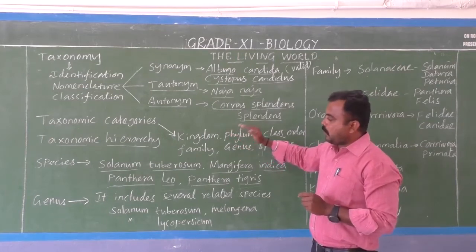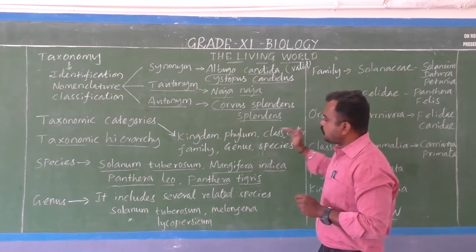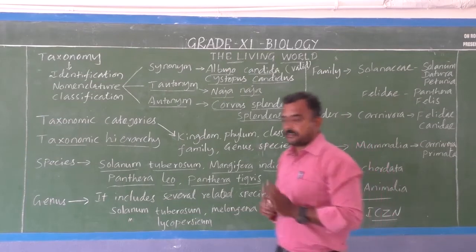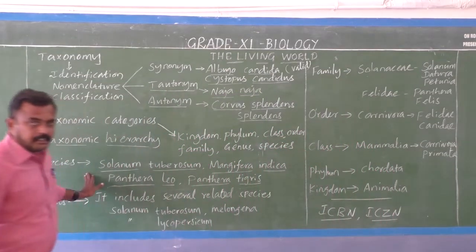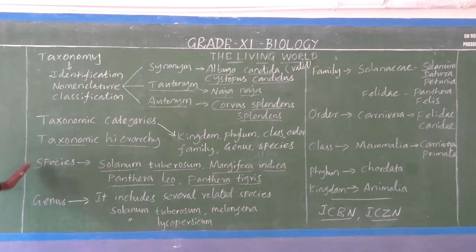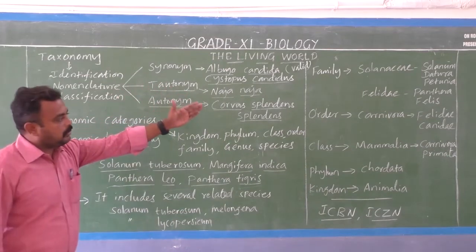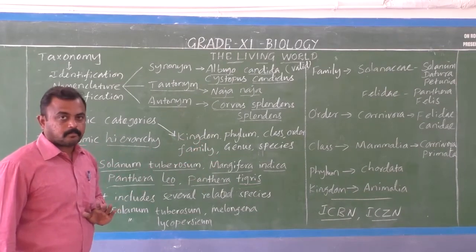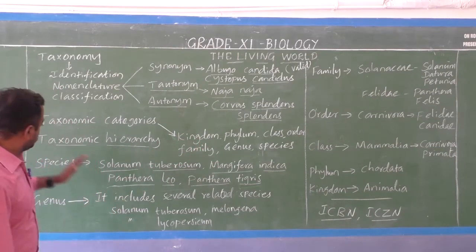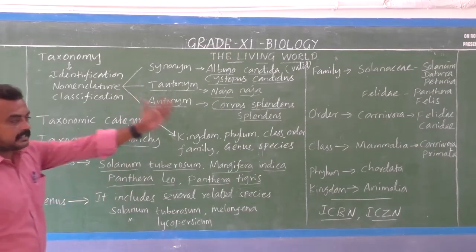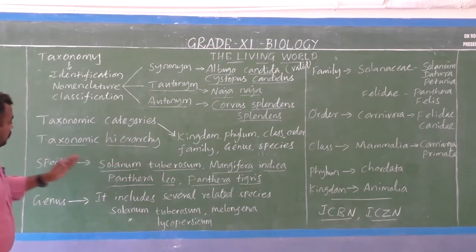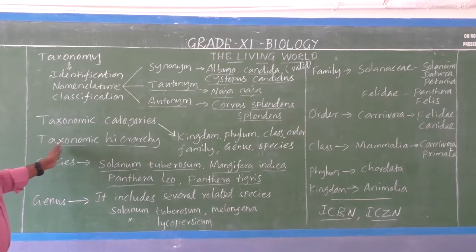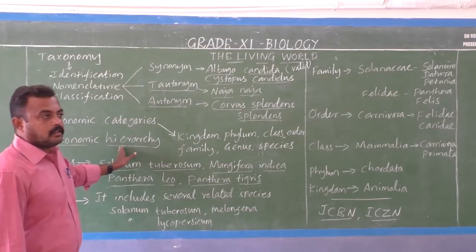Let's see one by one. Kingdom, phylum, class, order, family, genus, species. Here I have written species, genus, family, order, class, phylum, kingdom. These are the different categories, but we have one sequence, one order, and that order is the taxonomic hierarchy.